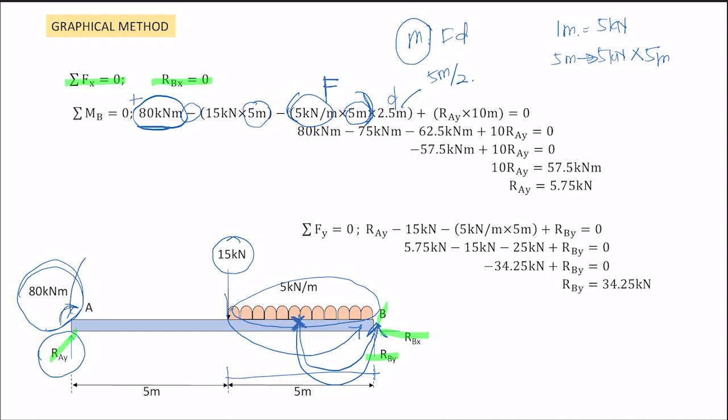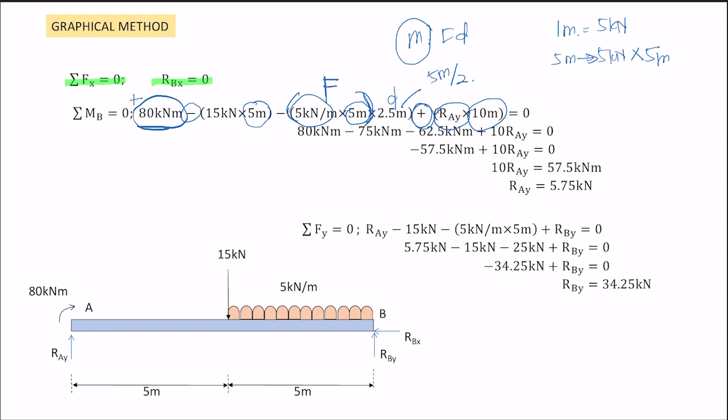RAY going to B is clockwise, therefore plus. And then RAY times the distance, which is 10 meter. You can solve this by multiplying each force by its distance. And finally, we can get the value of RAY as 5.75.